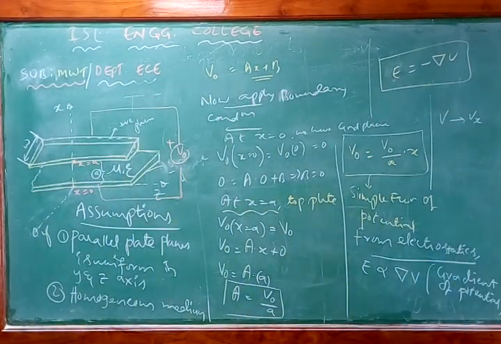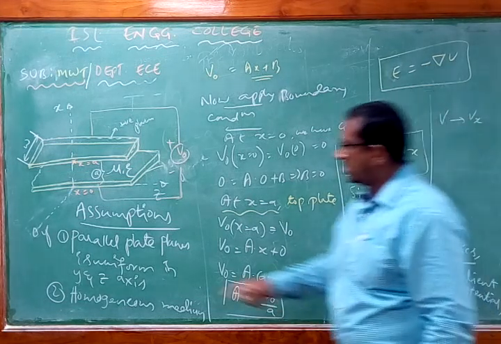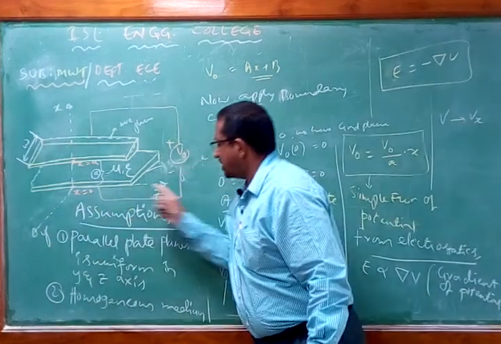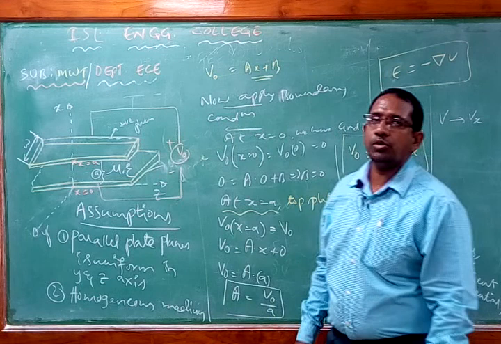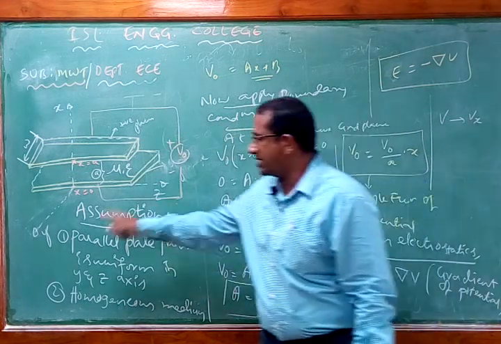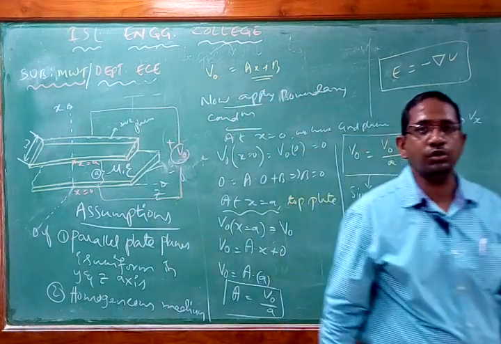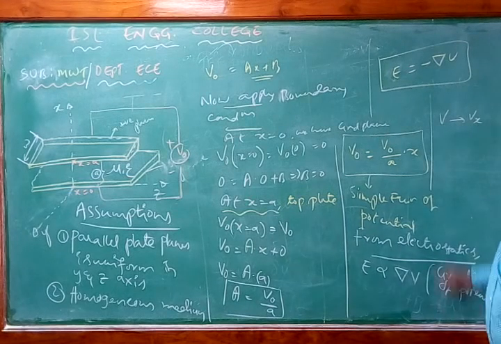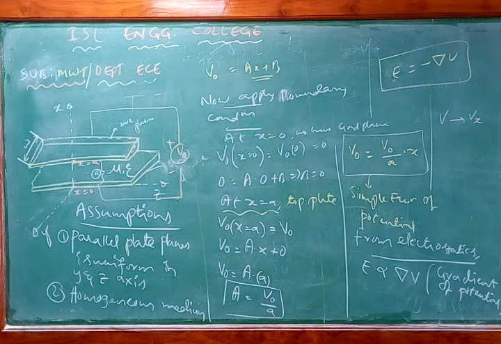Because we have already assumed that the wave along the y and z quadrants is going to be uniform. So we are not going to consider the effect of y and z components for the potential. Therefore those two are zeros. So finally we remain with only Vx.